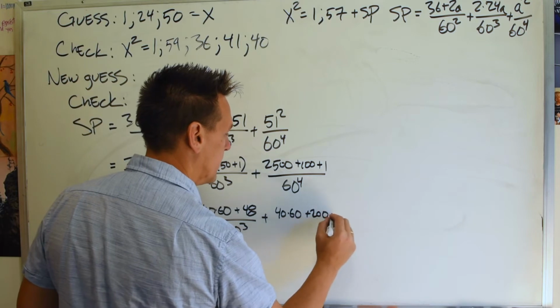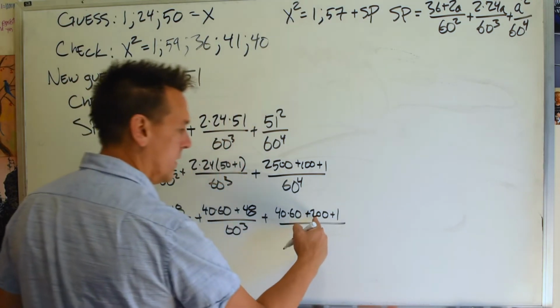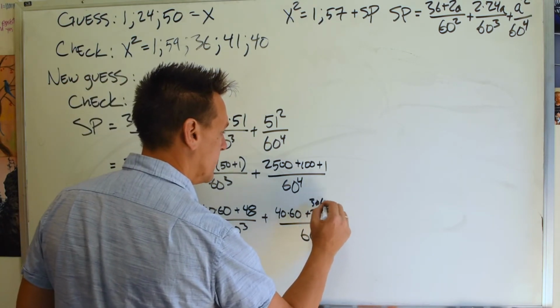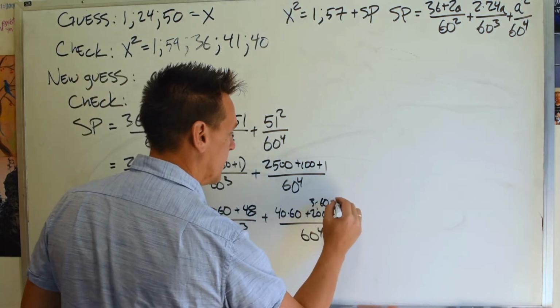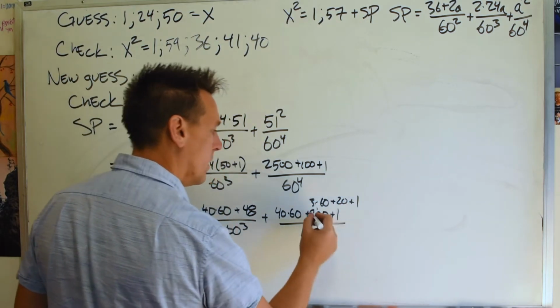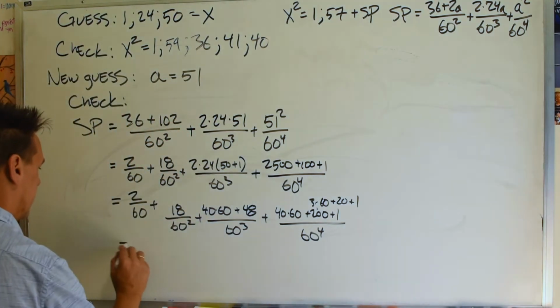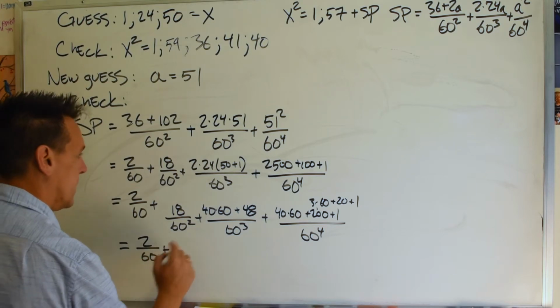So plus 200 and then 1 over 60 to the 4th. This will give us 3 times 60 and then another 20 for that whole thing.